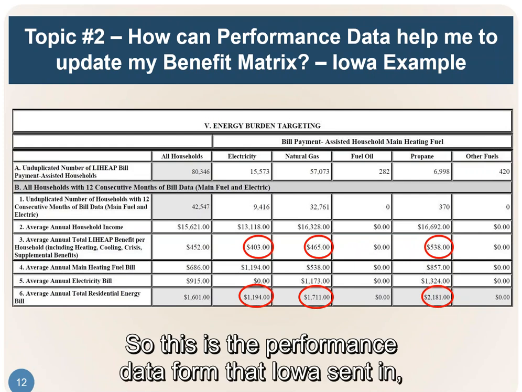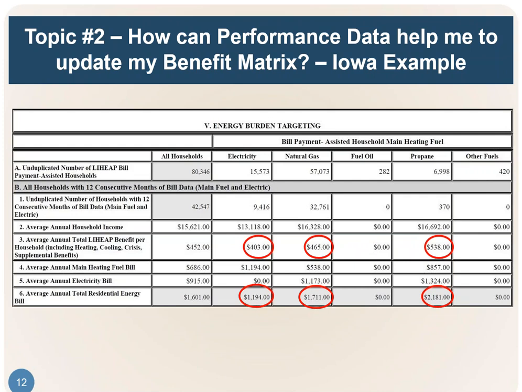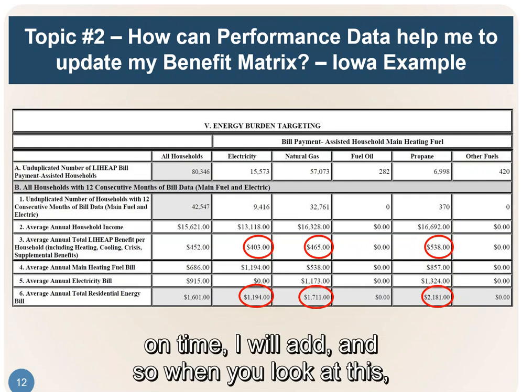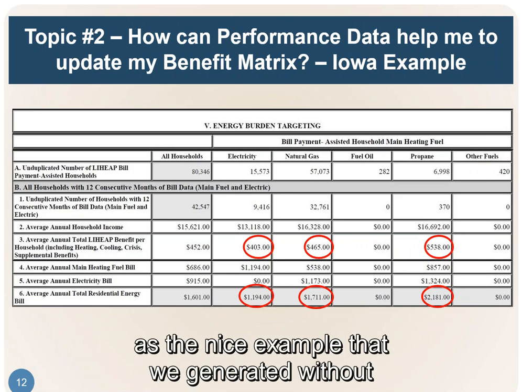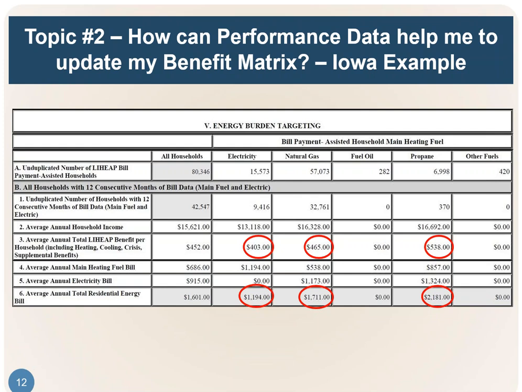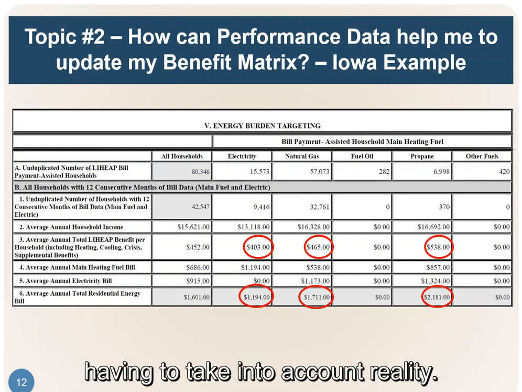So this is the performance data form that Iowa sent in, on time I will add. And so when you look at this, you see it's not as simple and straightforward as the nice example that we generated without having to take into account reality.